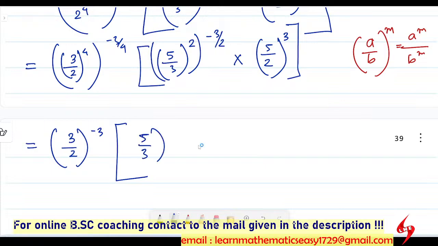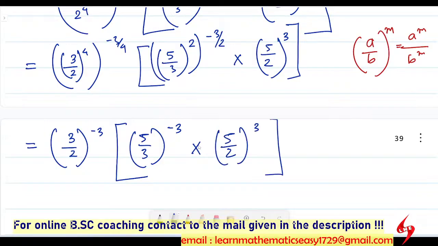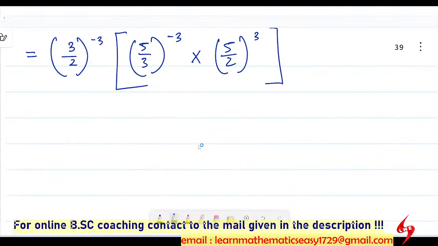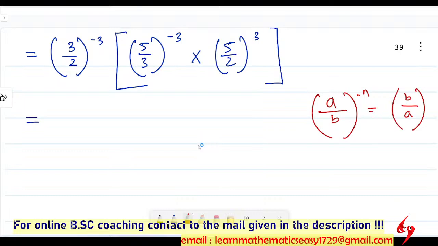So 5 by 3 whole to the power minus 3, and 5 by 2 whole to the power 3. Again, if I have a by b whole to the power minus n, if I reciprocal the inner portion, the power will be the opposite.